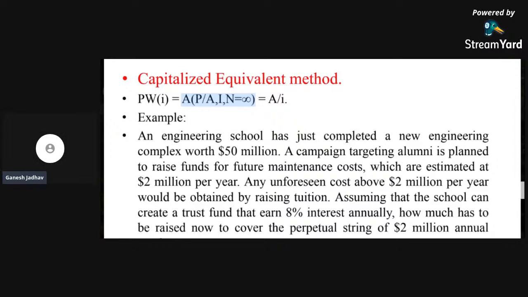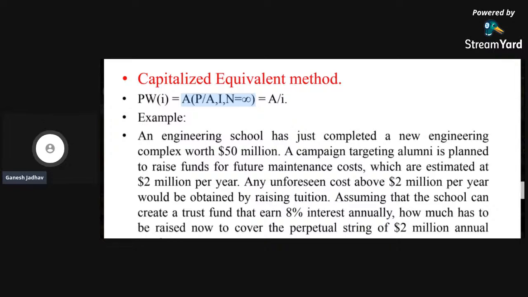Another one is a campaign targeting alumni, planned to raise a fund for the future maintenance cost, estimated at 2 million per year. So this is the estimated cost, funded by the alumni.